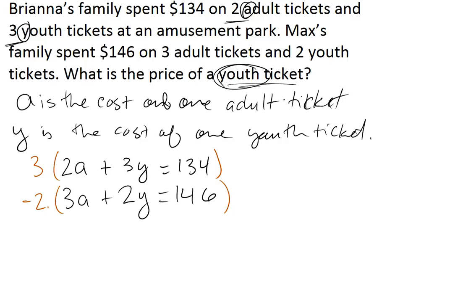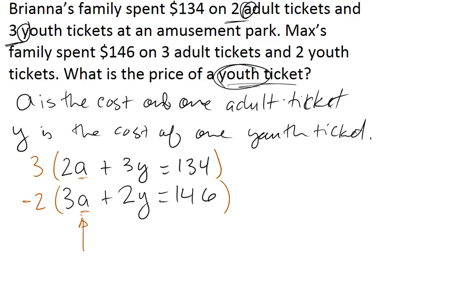And again, my motivation for those 2 values is I'm attempting to make my A variables eliminate. I want them to cancel when I combine these 2 equations into one. And by multiplying the top one by 3, the coefficient for A will become 6. And by multiplying the bottom one by -2, the coefficient for A in the bottom equation will become -6.